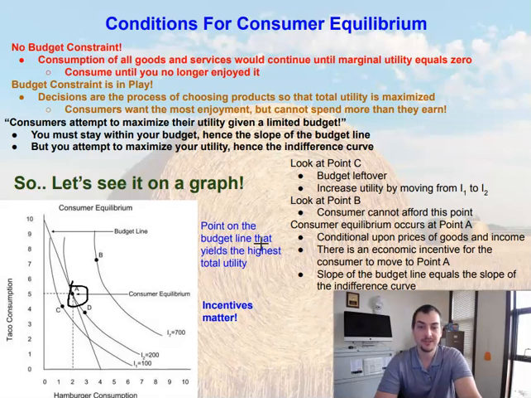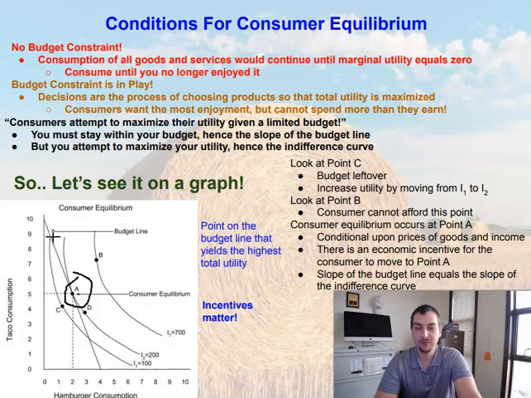Those are key things we must note as we progress: the slope of the budget line is equal to, and tangent to, the slope of that indifference curve. So point A, long story short, is the point on the budget line that yields the highest total utility.